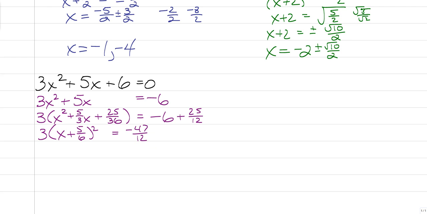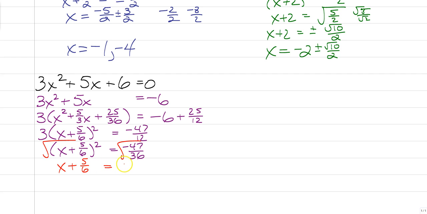Okay, and then as you can see right now, we are going to have a whole bunch of nastiness coming our way, because now we have to divide both sides by 3. That's going to give us x plus 5/6 squared is equal to negative 47/36.